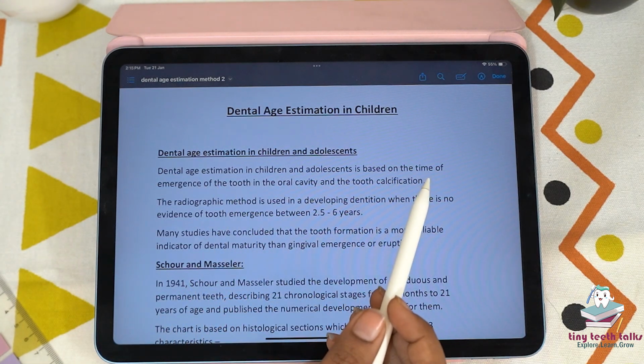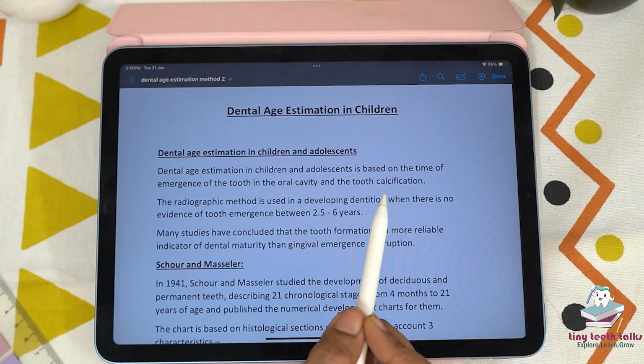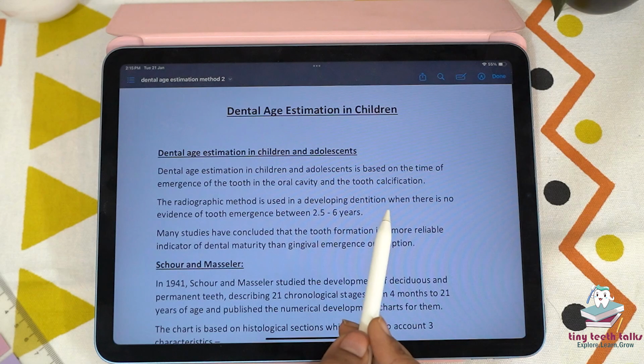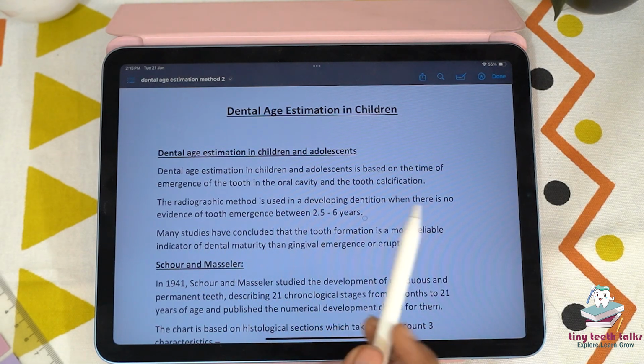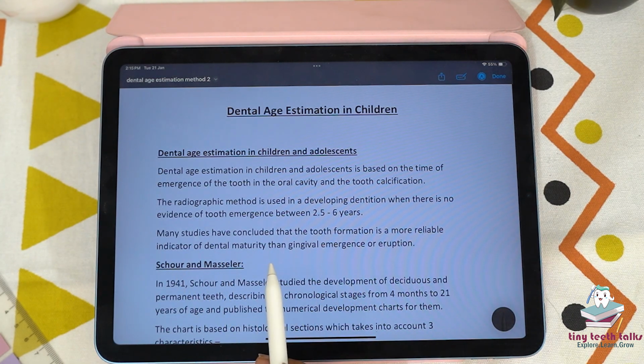Dental age estimation in children and adolescents is based on the time of emergence of the tooth in the oral cavity and the tooth calcification. The radiographic method is used in developing dentition when there is no evidence of tooth emergence, between 2.5 to 6 years. Many studies have concluded that tooth formation is a more reliable indicator of dental maturity than gingival emergence or eruption.